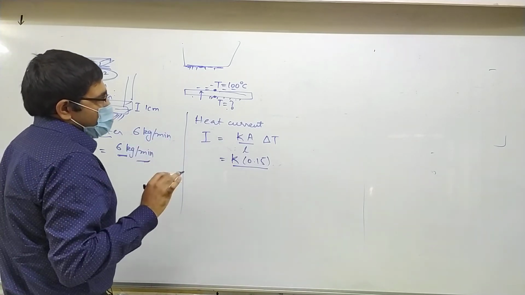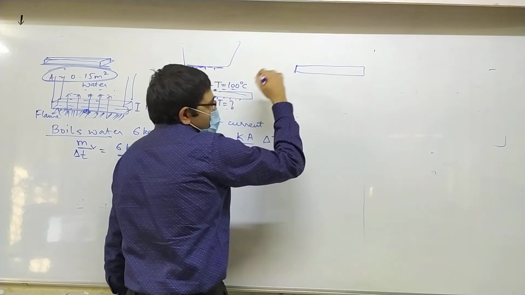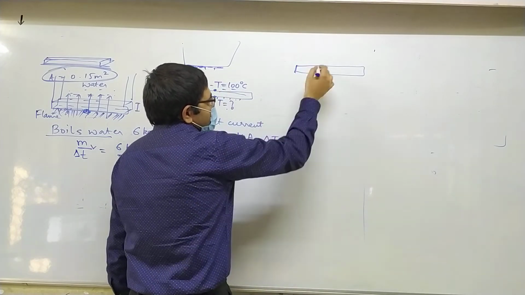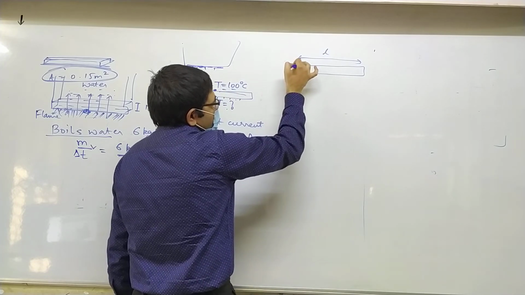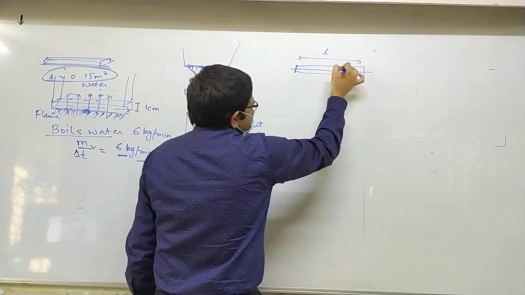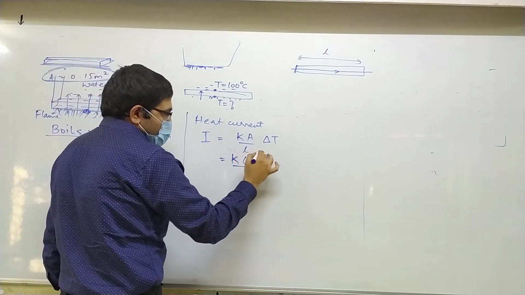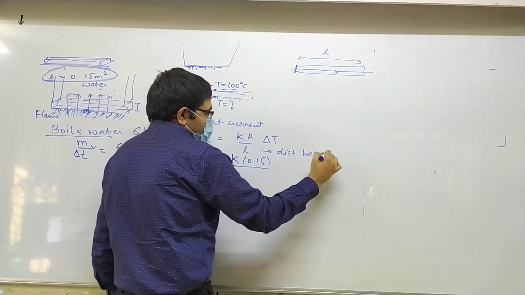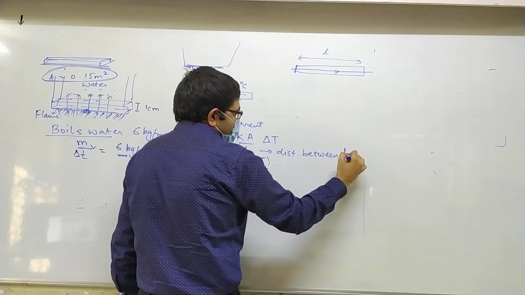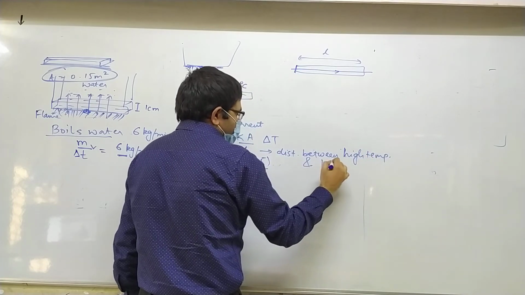What is L generally? Earlier when we have solved questions like this or when we have discussed the theory, we said that suppose this rod has length L and heat is flowing from this way to that way. So do you agree that here L actually should stand for the distance between the higher temperature point and the lower temperature point?